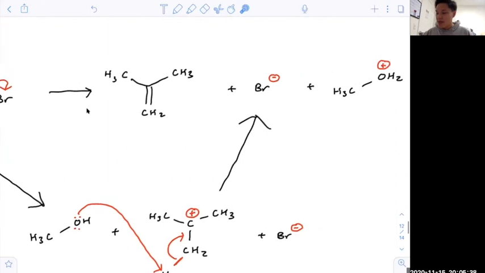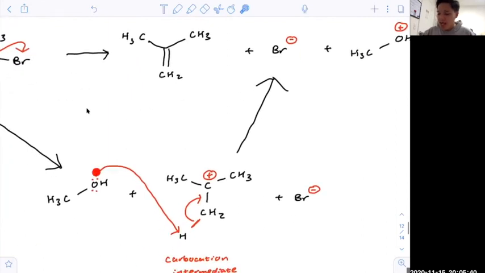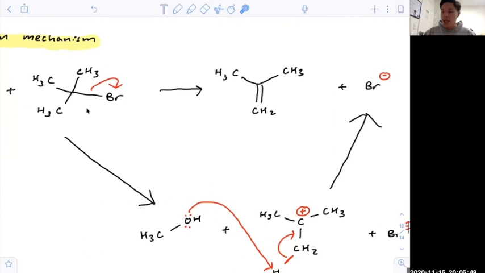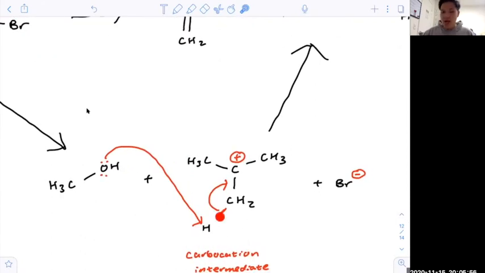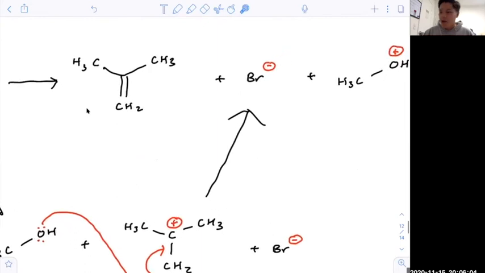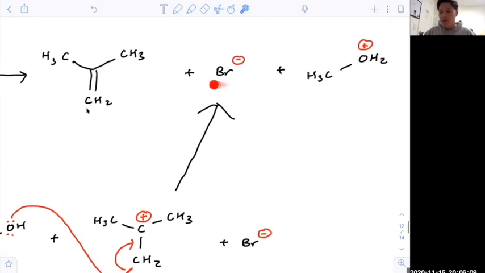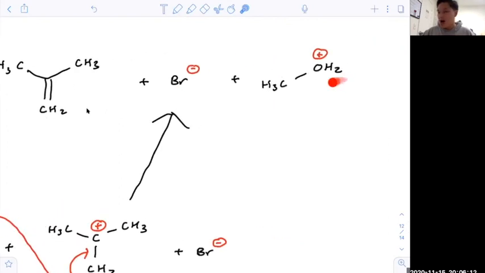As I take the hydrogen here, this bond between the CH2 and the H, this is just a CH3 bond which I extended out to make it look better for the eyes, goes up to this carbon that was a carbocation, and now I form an alkene. And I also have my leaving group Br, and I also have this H3C with the water group, and that's it.